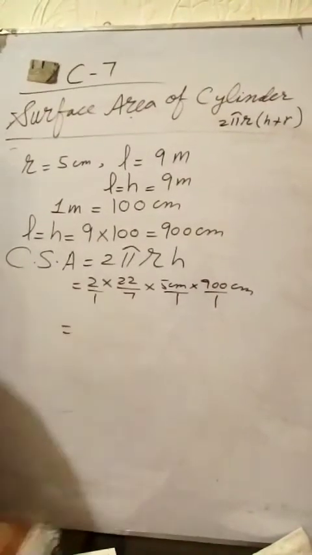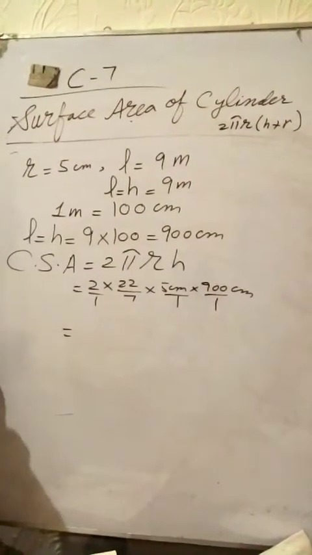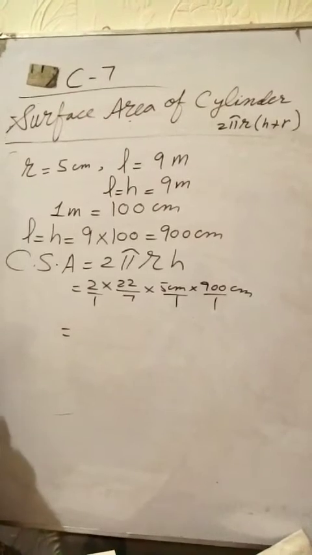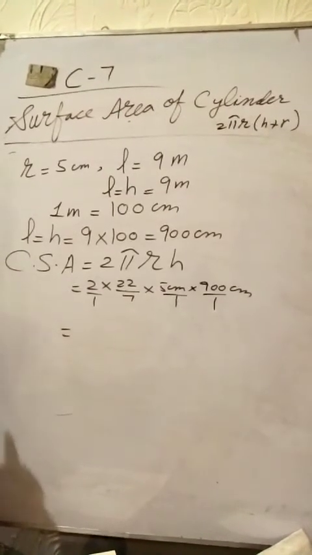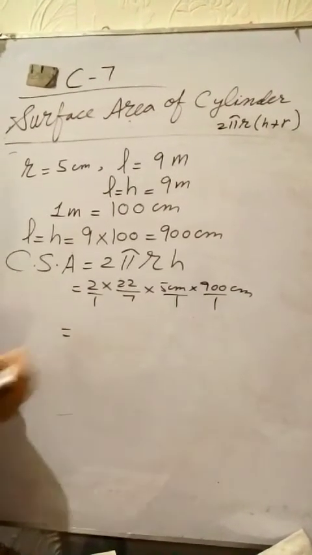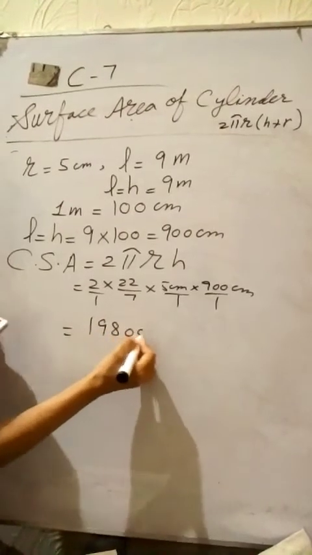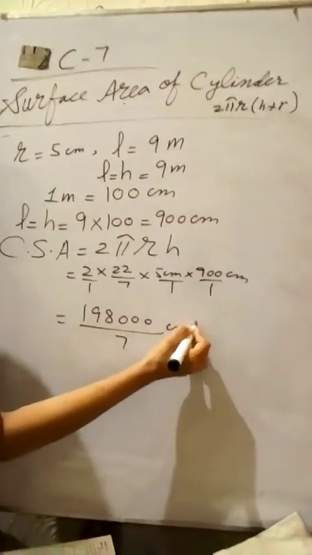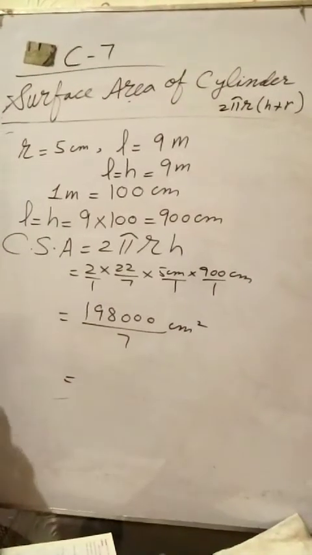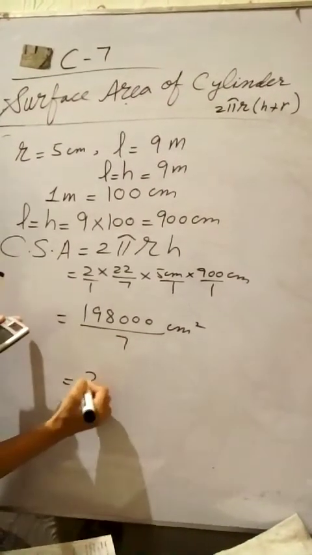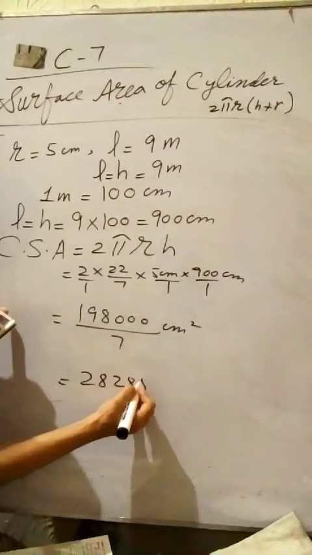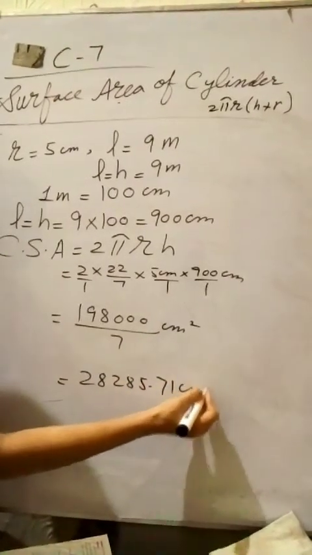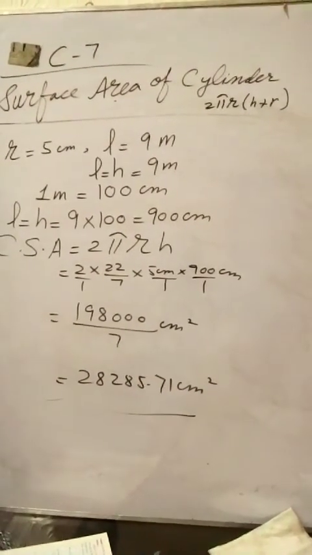Multiply all the numerators: 2 multiplied by 22 multiplied by 5 multiplied by 900. The answer will be 198,000 divided by 7 times 1, which is 7. Bases are same, powers will be added. Now you can divide it and the answer is 28285.71 centimeter square. Draw the ending line. Thank you.